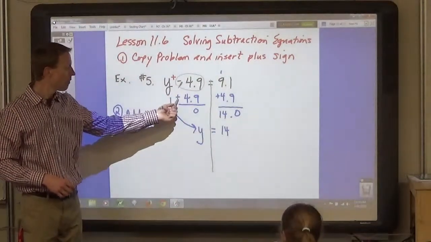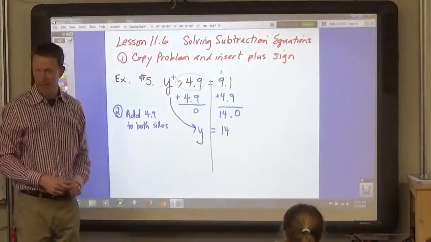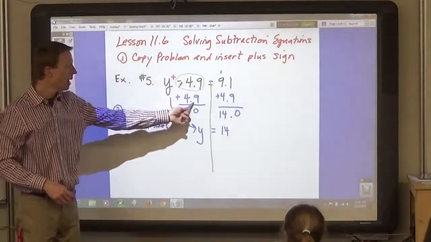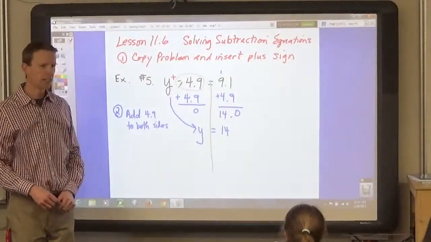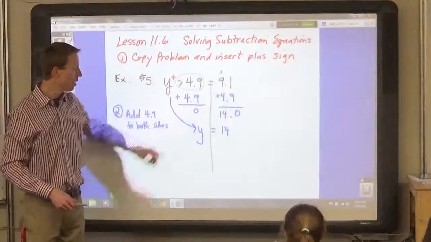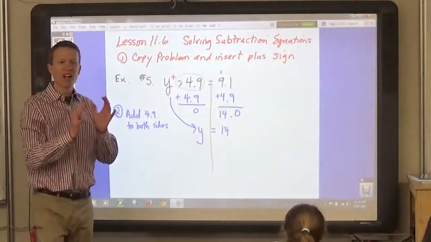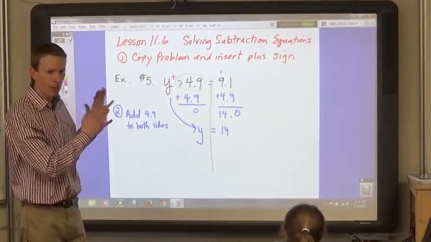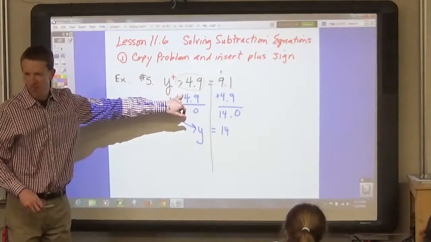That way you know you have to add a positive number to get rid of the negative number, to get 0 on the same side with the variable. So, again, start on the same side as the variable.